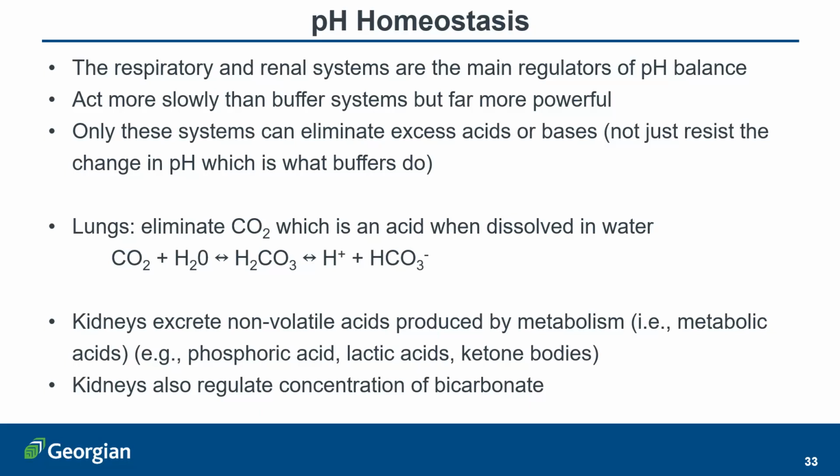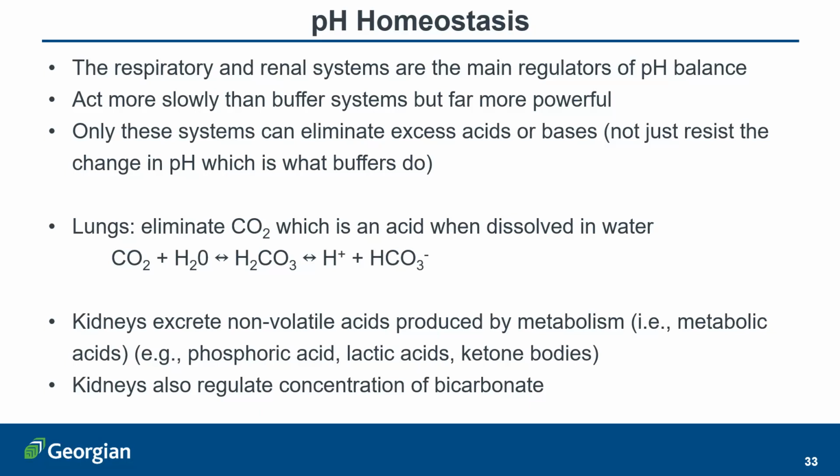In terms of pH homeostasis, ultimately the two organ systems in our body that are responsible for maintaining pH homeostasis are the respiratory and renal systems. They are the main regulators of pH balance. Please remember that a buffer cannot alter the pH balance. It can just simply resist the change in the pH. However, ultimately, if there's too much acid produced, pH will fall.